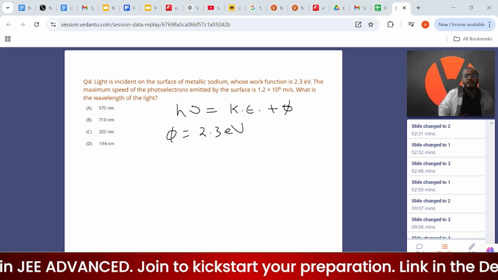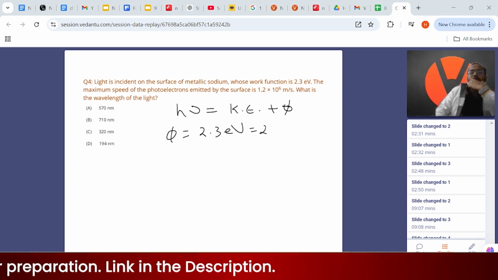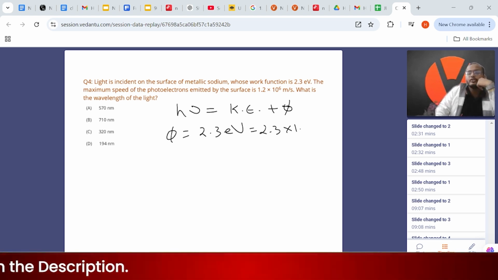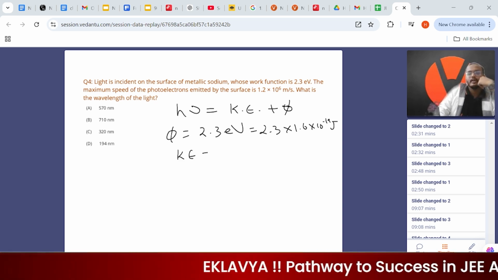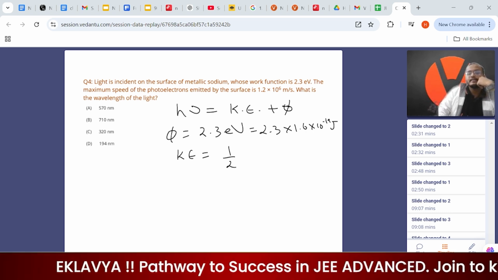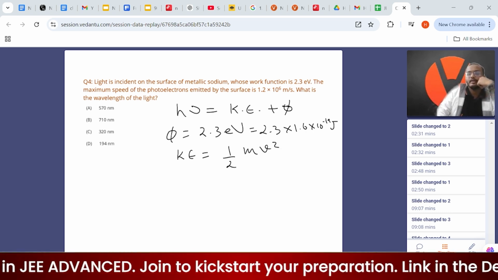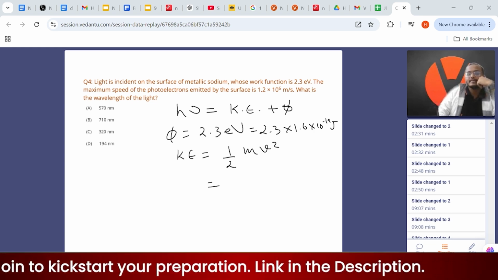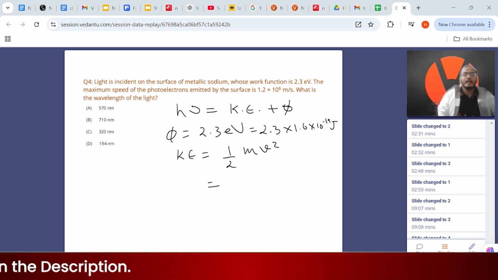If I convert it into joule, it will come like 2.3 into 1.6 into 10 raised to the power minus 19 joules. Okay, now I know that kinetic energy is equal to half mv square. Velocity is given, mass is given. Mass of electron we all know, right? 9.1 into 10 raised to the power minus 31 kg.